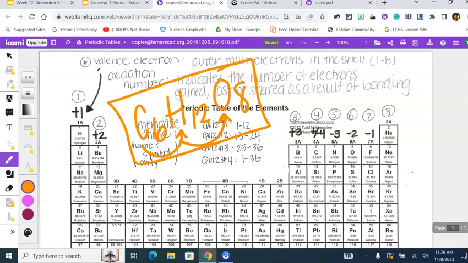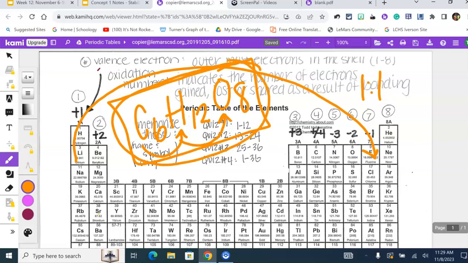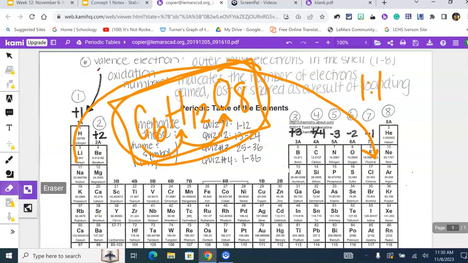So sometimes, like when we combined lithium and fluorine, we will have a 1-to-1 ratio. Lithium is going to give up 1, fluorine is going to accept 1. But sometimes we will have a 6-to-12-to-8 ratio, depending on how the bond occurs. And that is what we're going to continue on today.